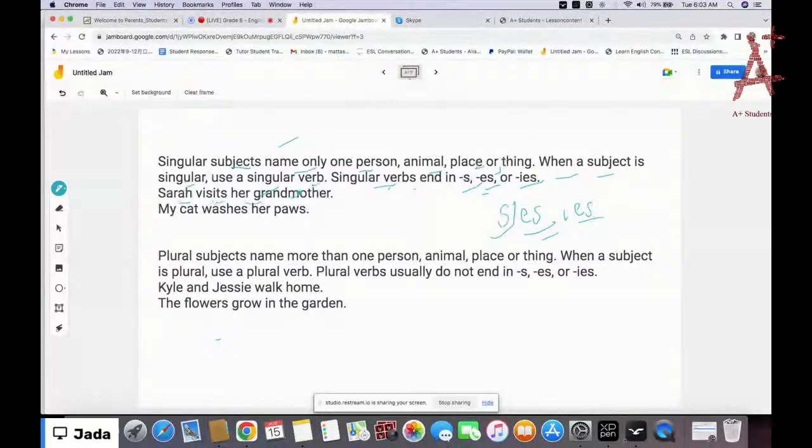The verb visits has the s, which makes it a singular verb.